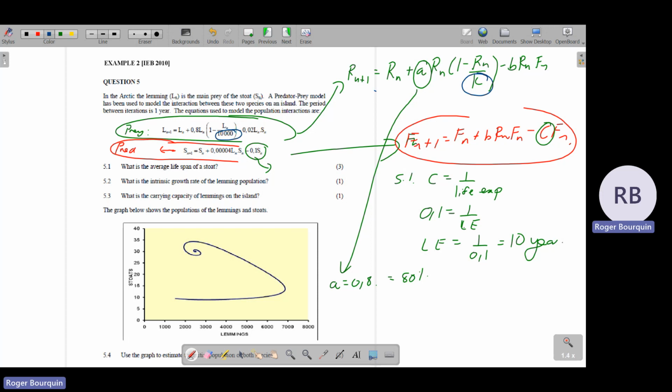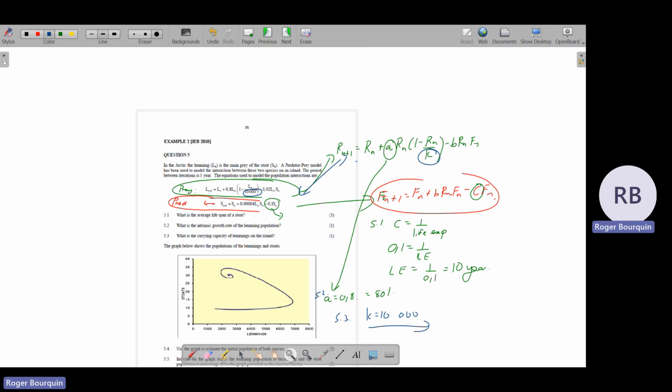So for 5.3, K is equal to the carrying capacity, and 10,000 is the maximum amount of lemmings, just lemmings, for prey. That's the carrying capacity of the lemmings, because that has to do with this population. This is that model over there, right? Are we good?